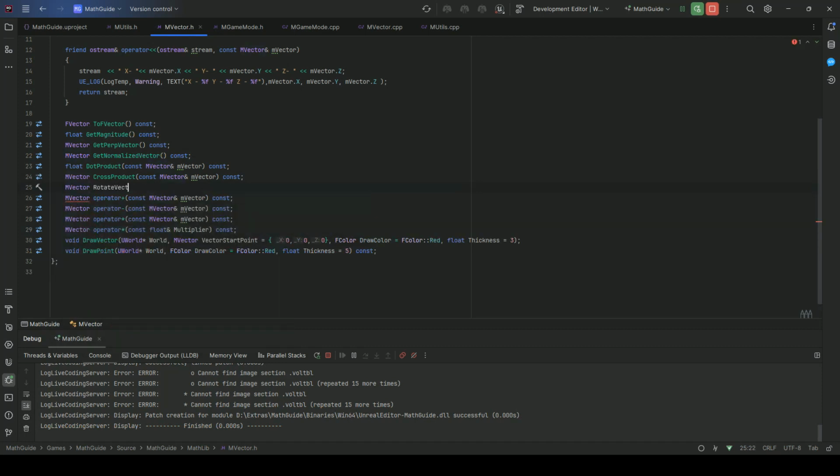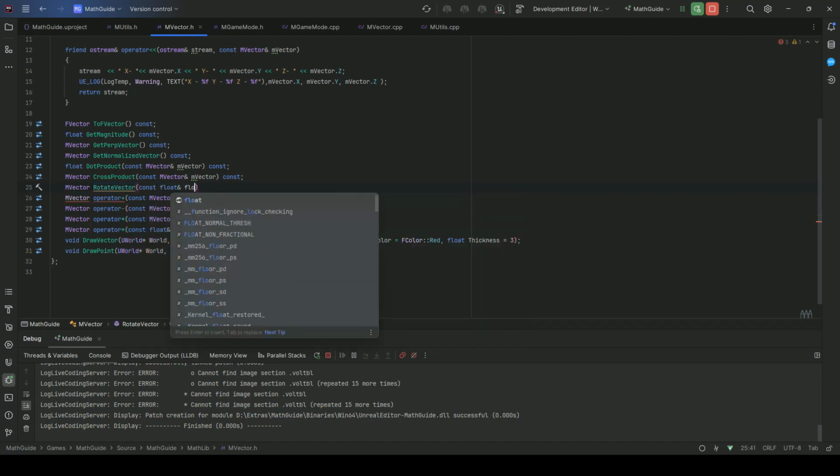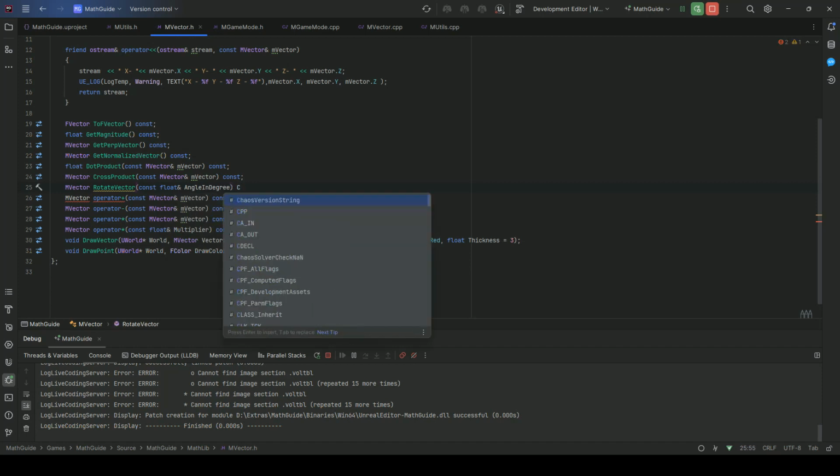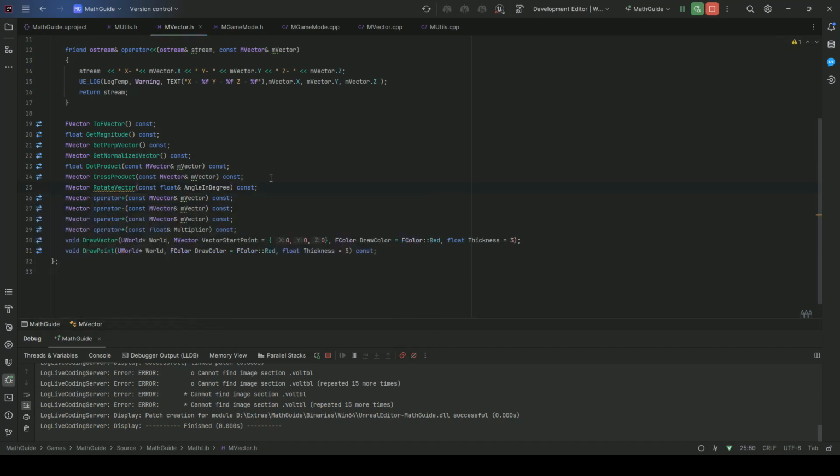Rotate vector with given degree. Here we will give the angle, so it will be a float of angle in degree, and it will be const. Alt enter, general definition.